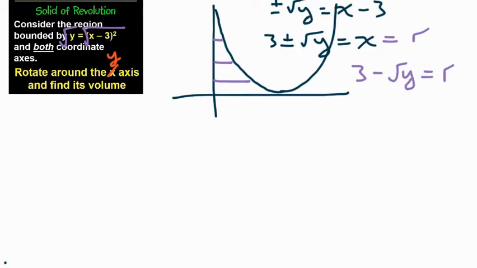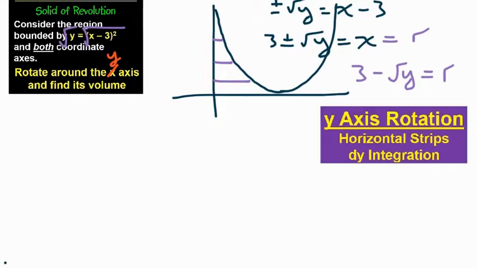square root of y. Now, some other things change here, which can be mainly summed up by this rotation box. And that is that when we rotate around the y-axis, yes, we're going to have horizontal strips, but we're also going to do a dy integration. You say, well, what's the big deal about a dy integration?